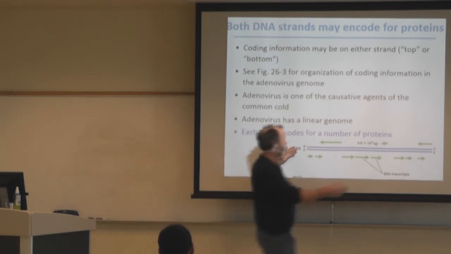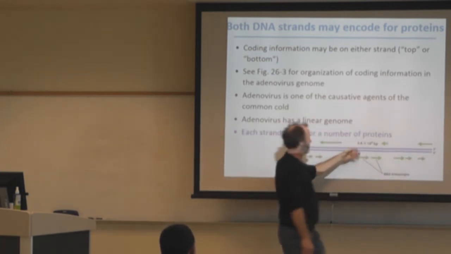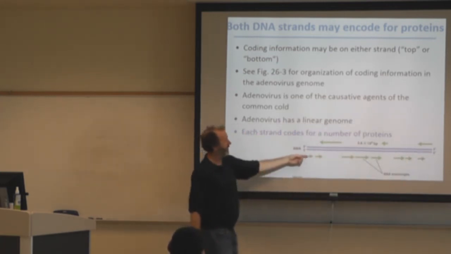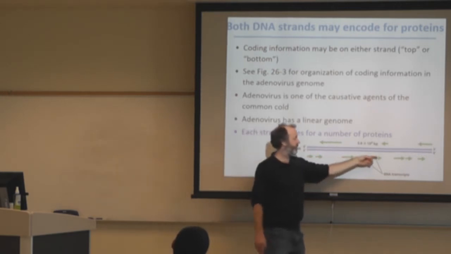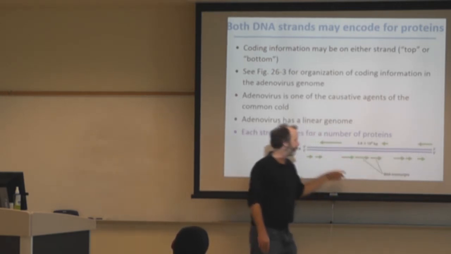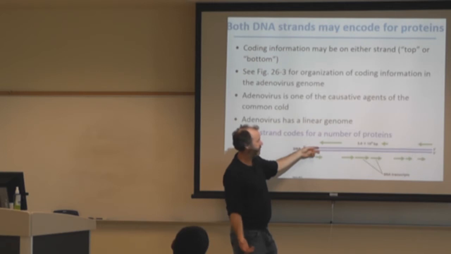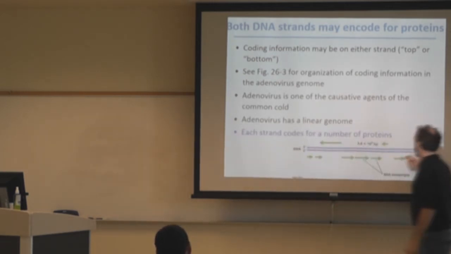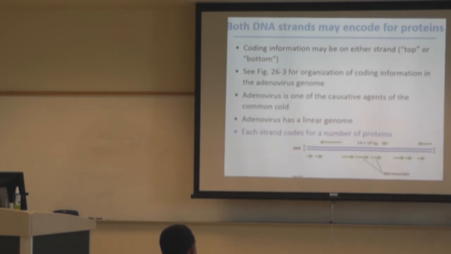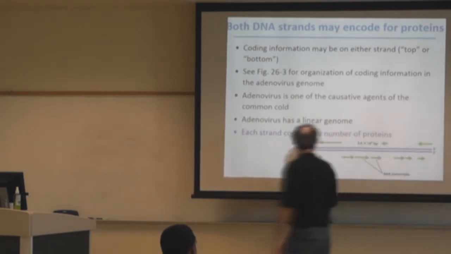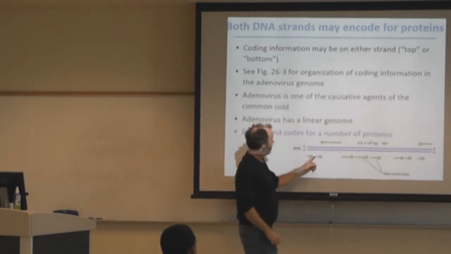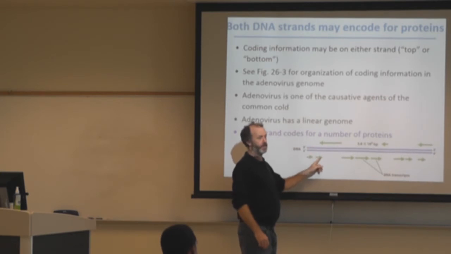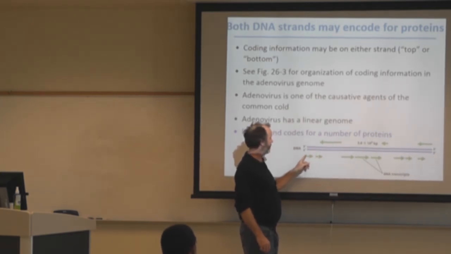It's got a fairly large genome, 36,000 base pairs. And all the arrows are RNA transcripts that are coded for by the DNA double-stranded genome of adenovirus. And you can see you've got transcripts going both directions. In fact, some even overlap, right? So those are where the promoter regions start. These are the actual coding regions. So the promoters are going to be just before.